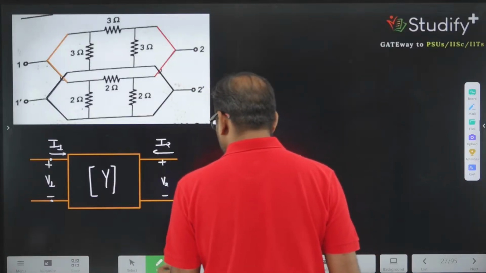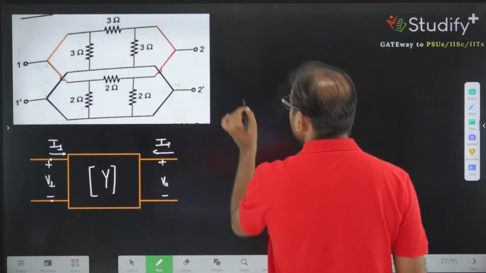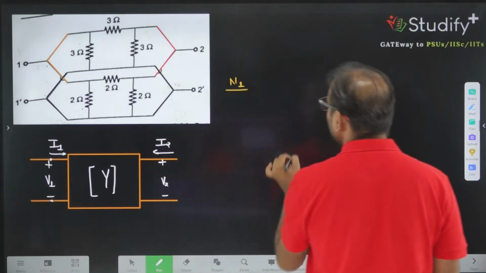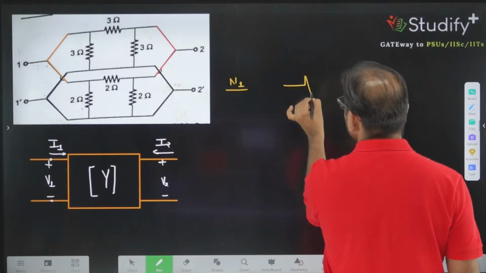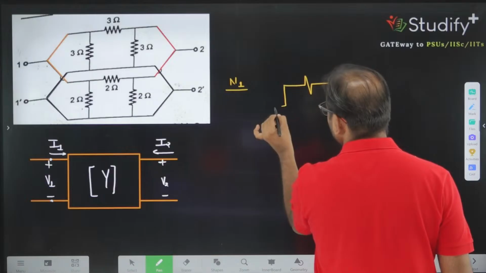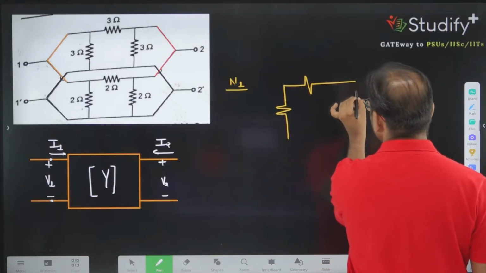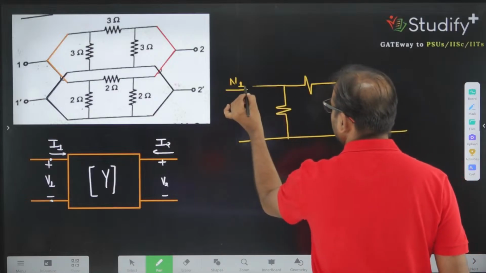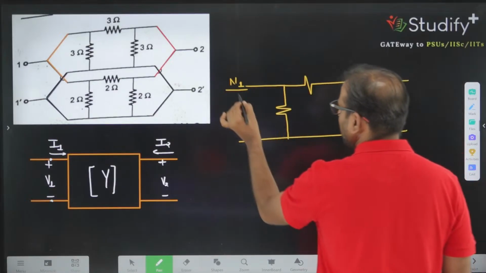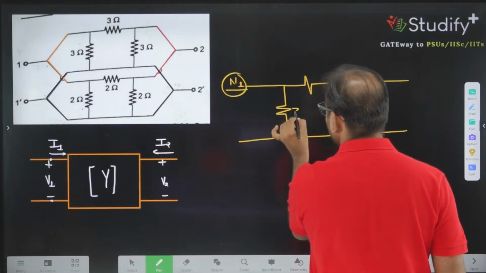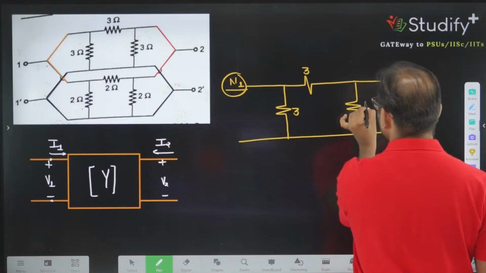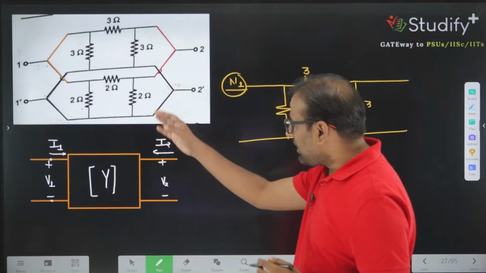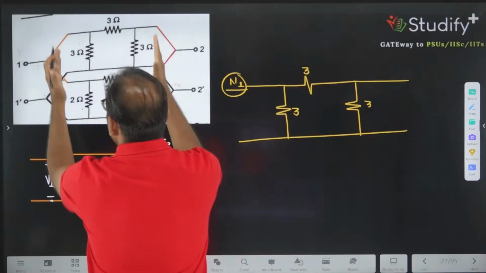When I draw these two networks separately, can I say network number 1 is what? This is 3 ohm, 3 ohm, 3 ohm. This is network number 1. 3 ohm, 3 ohm, and 3 ohm. Correct? What is network number 2? Network number 2, so when you flip this part, only this part is remaining.